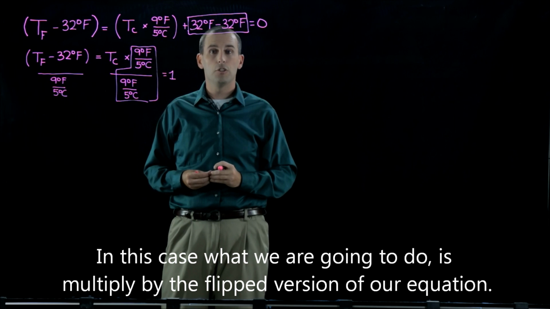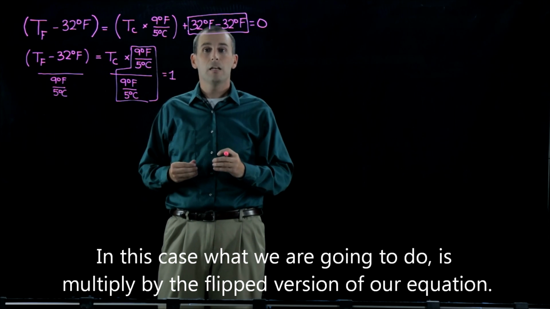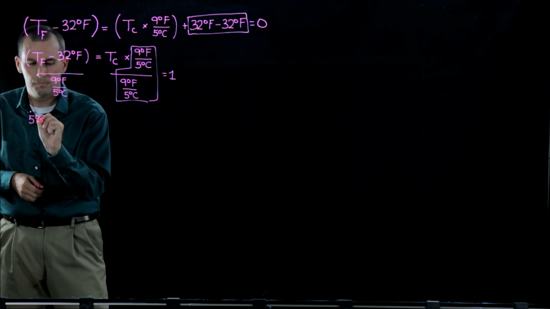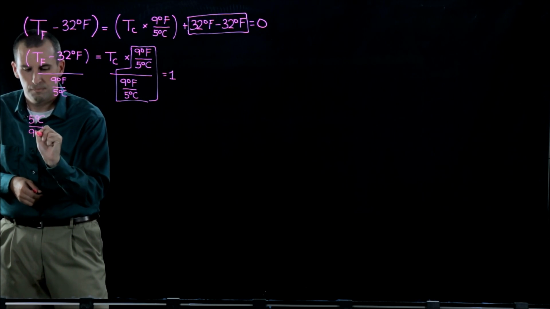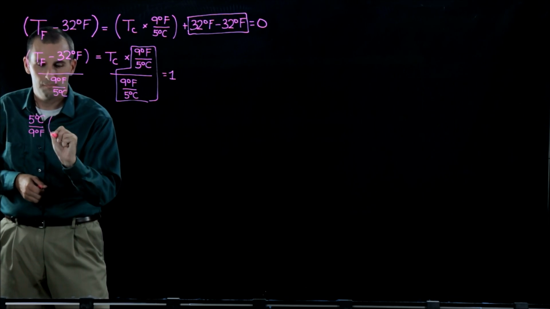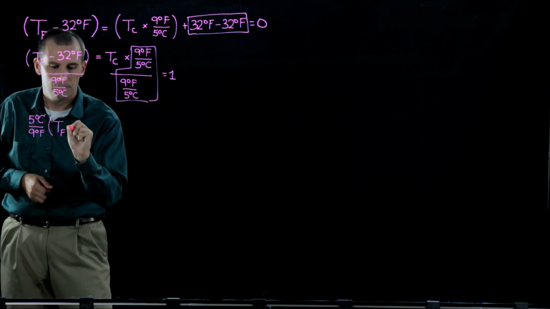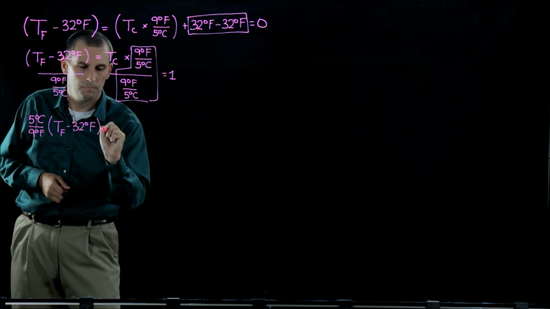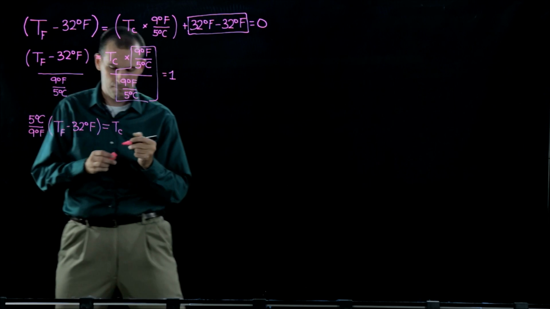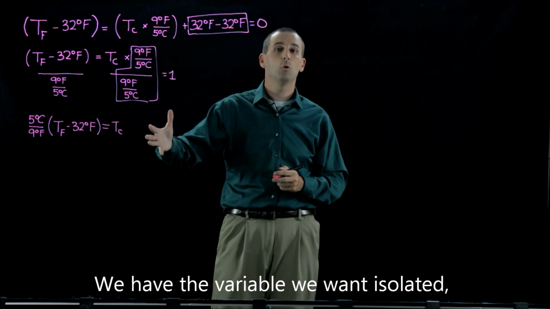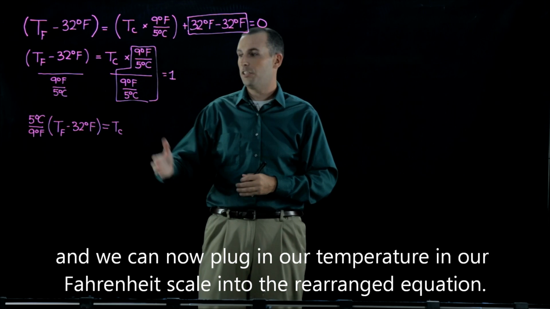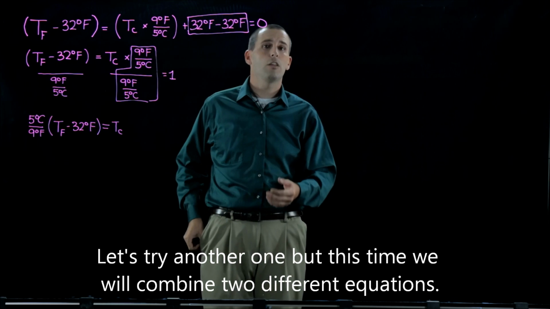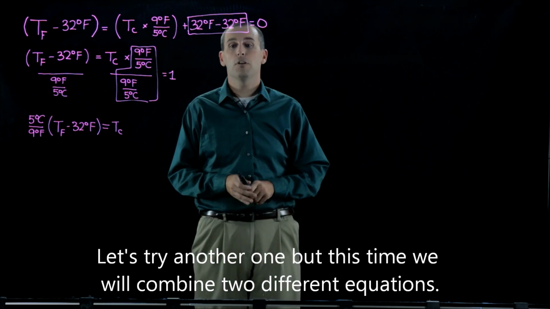In this case, what we are going to do is multiply by the flipped version of our equation. We have the variable we want isolated, and we can now plug in our temperature in our Fahrenheit scale into the rearranged equation. Let's try another one, but this time we will combine two different equations.